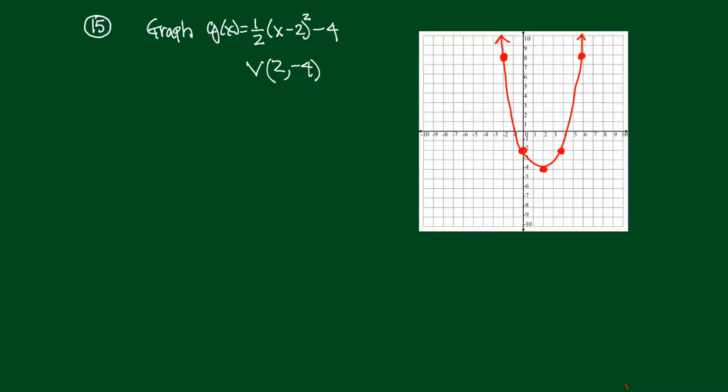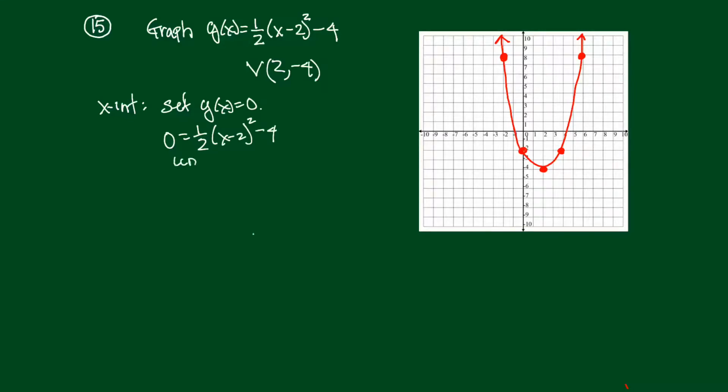But now I still want to get the x-intercepts and the y-intercepts. So to get the x-intercept, I'm going to set y, well, y is g of x. So I'm going to set g of x equal to 0 and solve for x. So we're going to get 0 equals 1/2 (x minus 2) squared minus 4.